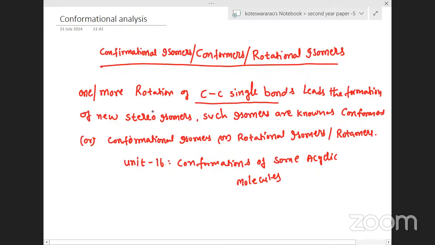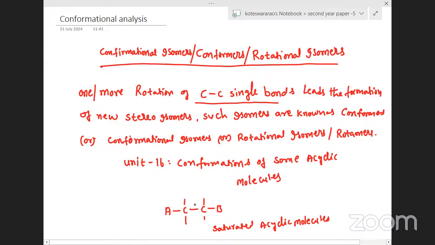Then for discussing the conformations of the acyclic molecules, this is the acyclic molecule. For example, there is a carbon-carbon bond. Such kind of molecules are known as saturated acyclic molecules. Okay, these molecules are undergoing rotation.